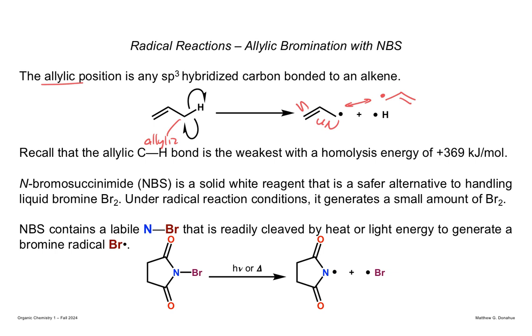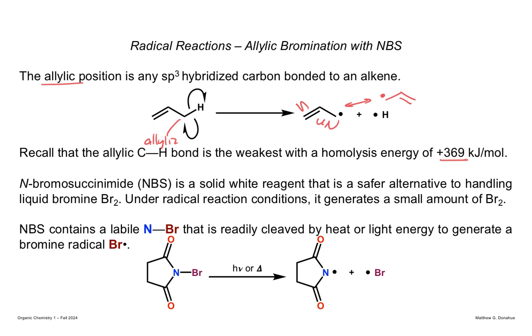So the molecule that's shown is propene, but you can imagine as you start sprouting other stuff off that double bond, it gets a little bit more complicated. So that has the weakest homolysis energy of plus 369. And so you can cleave it pretty easy and substitute it.